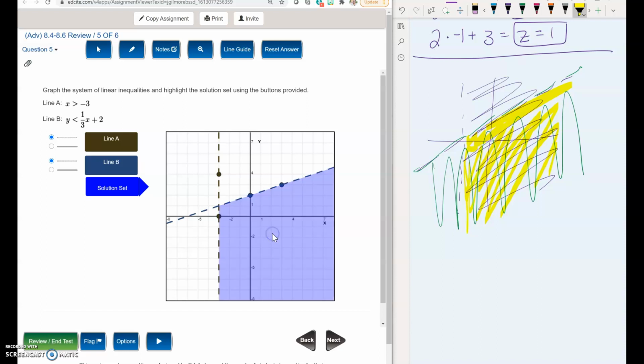It would be this area, where it is less than the slanted line and greater than the vertical line. But having that on your paper so you can see where that area is very helpful. Because if you submit this as your answer, it will be counted wrong. You only want to shade the final solution area where the 2 inequalities overlap.